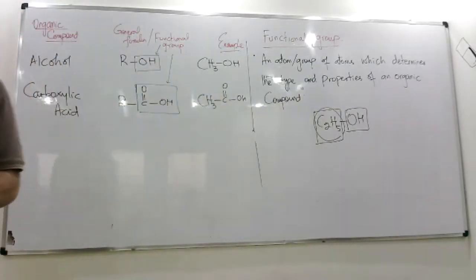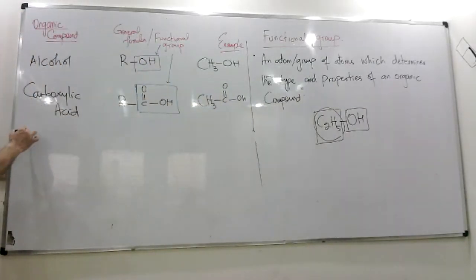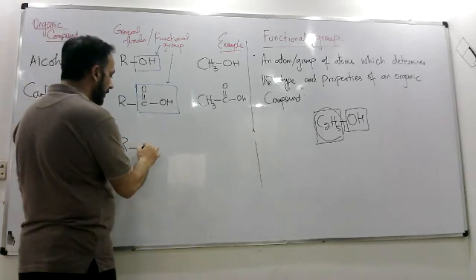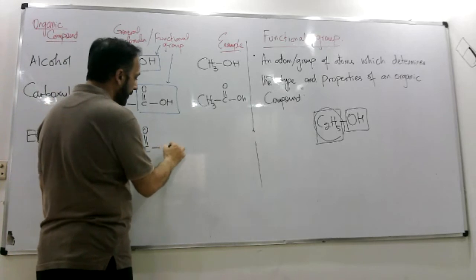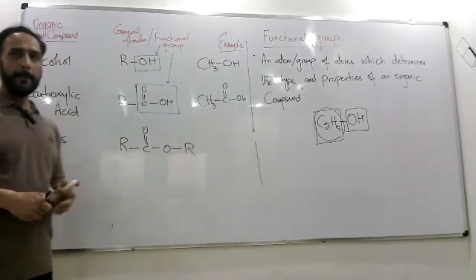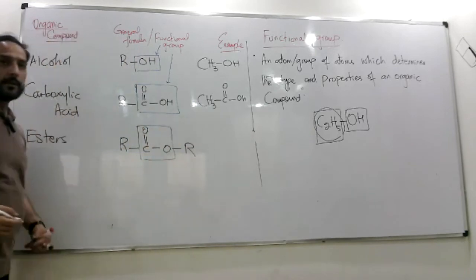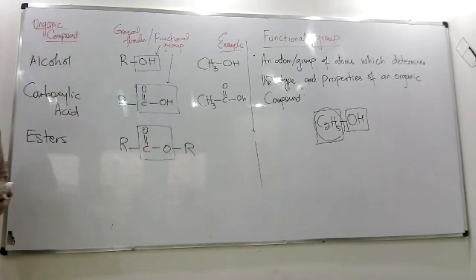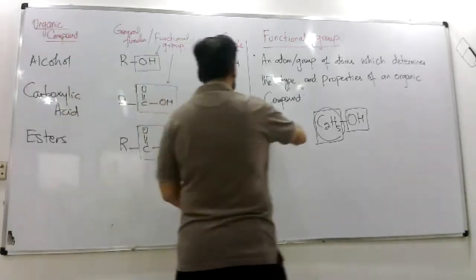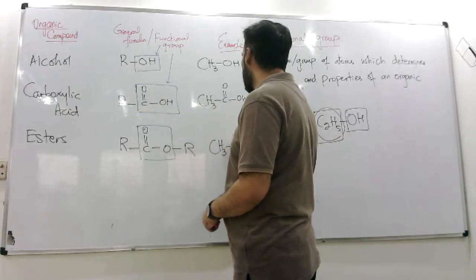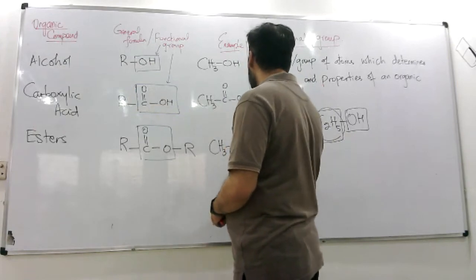The next functional group that you have in the syllabus is esters. And esters are large. They have two alkyl groups. And their functional group is this part, C double bond O and O. So that's like CH3, C double bond O, O and CH3.